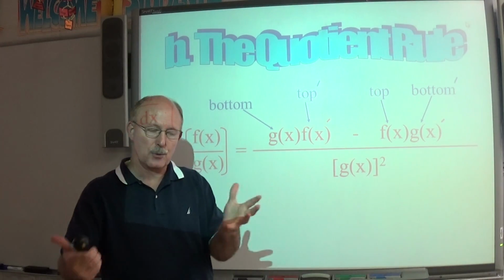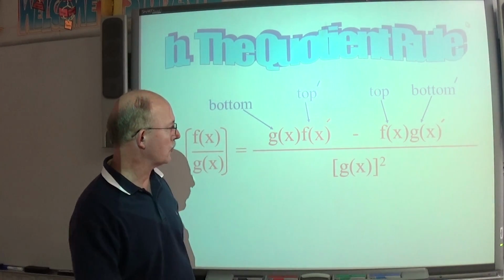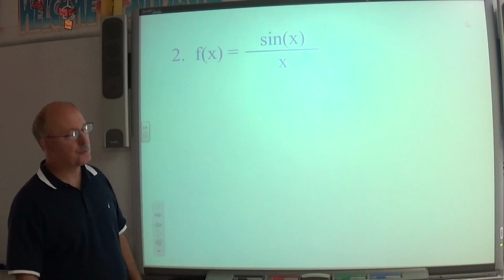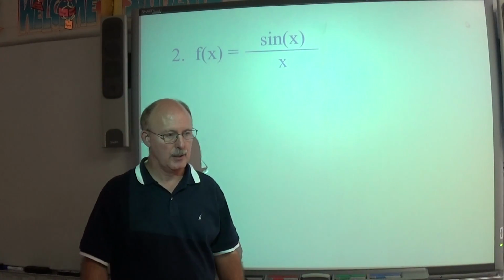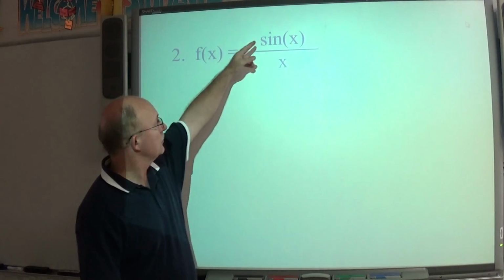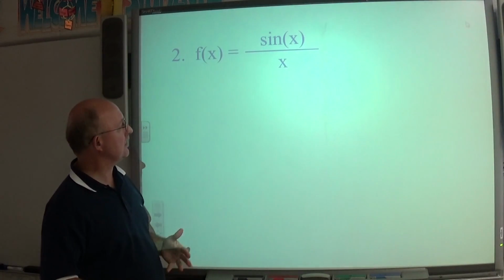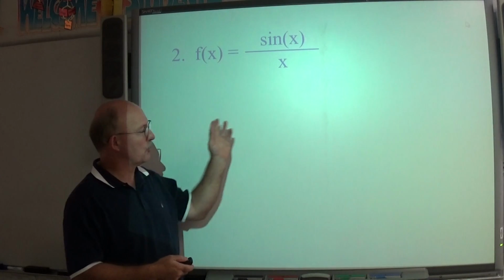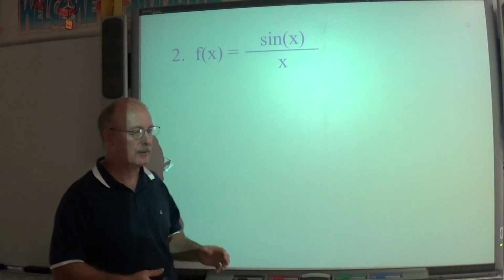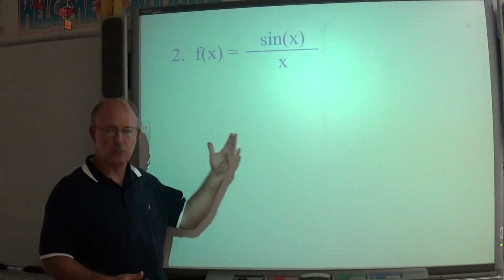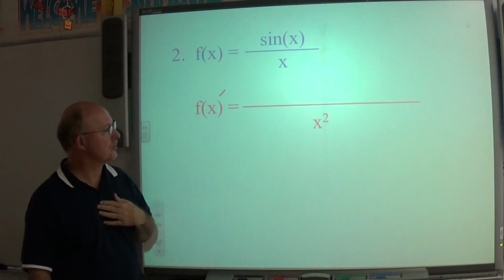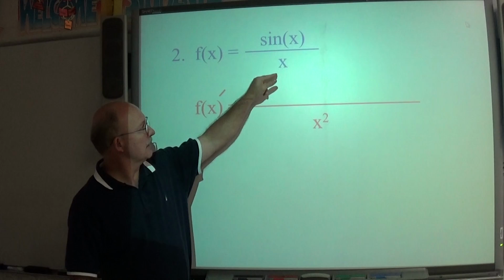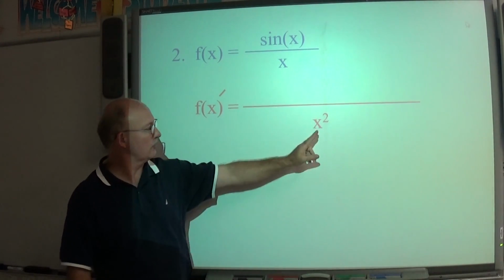Now, let's look at a little example with the quotient rule. We'll do a little trig example. We'll just do f of x equals sine x over x. Now the denominator is x, and your numerator is sine x. As we set this up, I'm just going to point to each one of these, and we're going to work some more trig examples later in our next video. When you set this up in the quotient rule, the denominator of your fraction is x, so it'll be x squared.